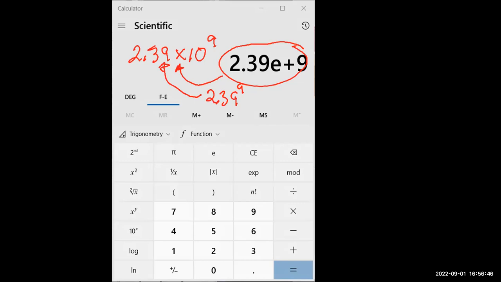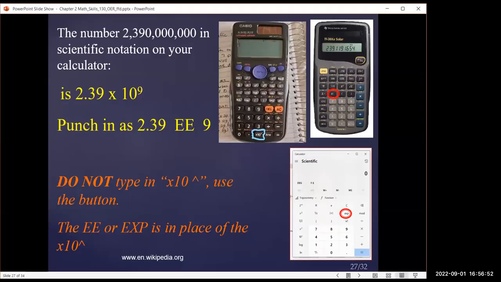Let me go back. All right. Sometimes you might be tempted, unless your button has x10^x, do not type in the number 2.39, then hit the times button, and then hit the function 10 to the x.